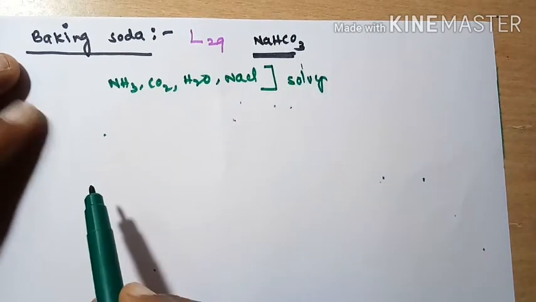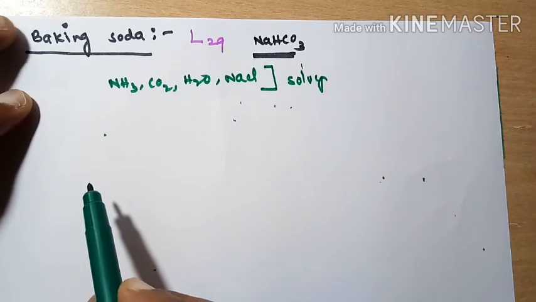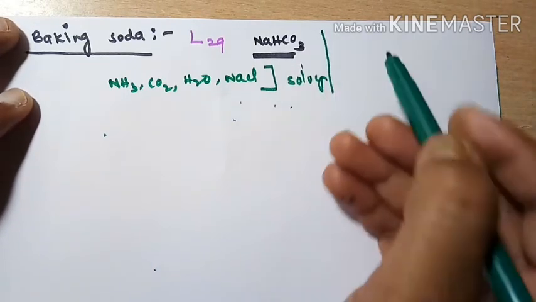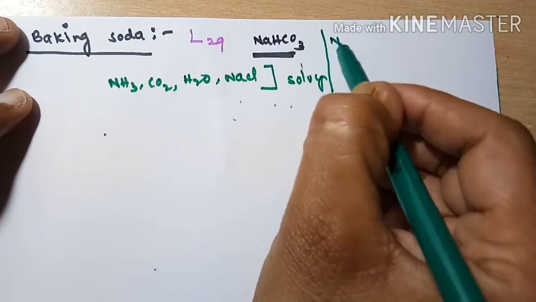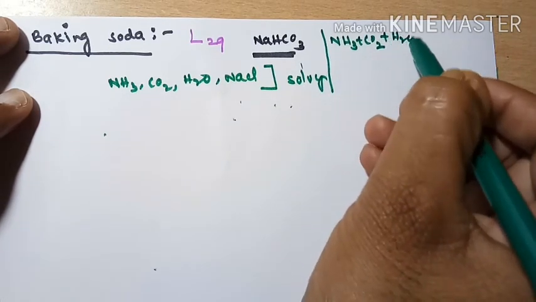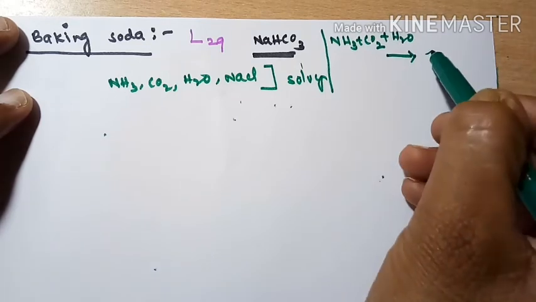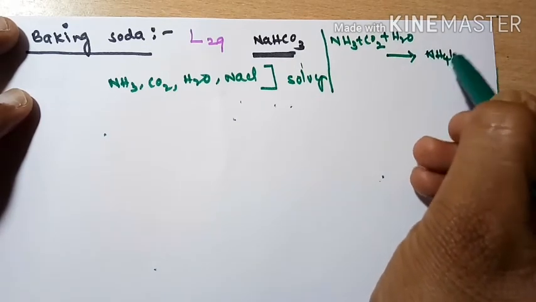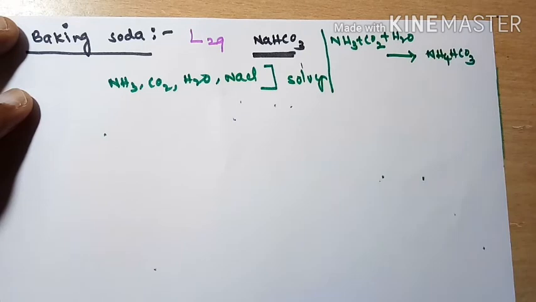By which method are we going to prepare it? In the Solvay method. How do we prepare it in the Solvay method? When ammonia is treated with carbon dioxide and water vapor, we get ammonium bicarbonate.